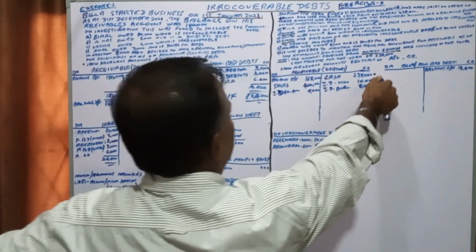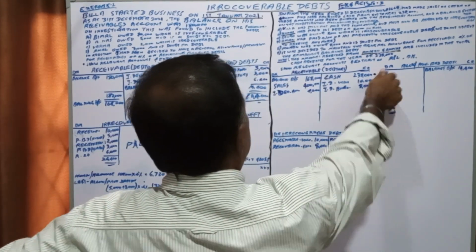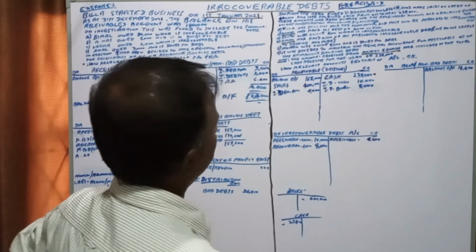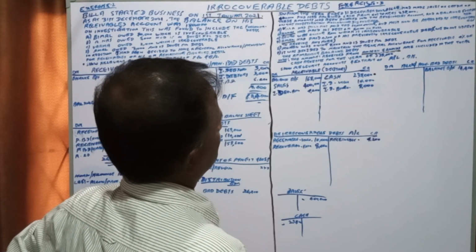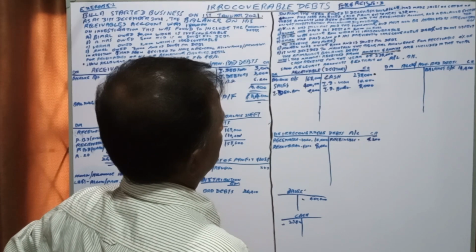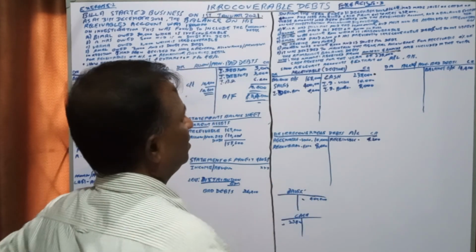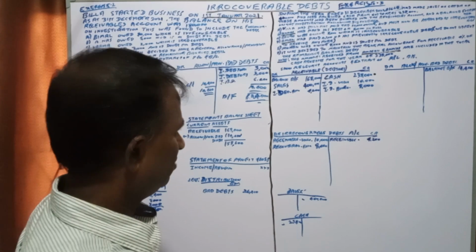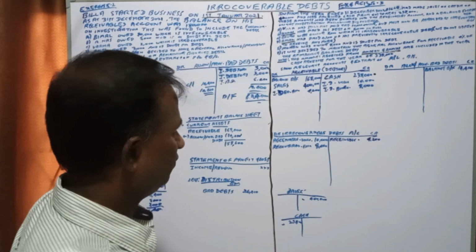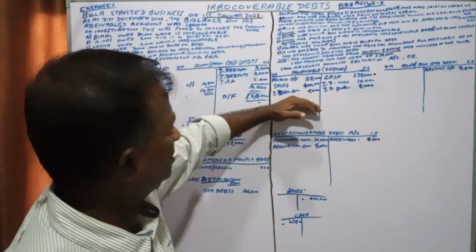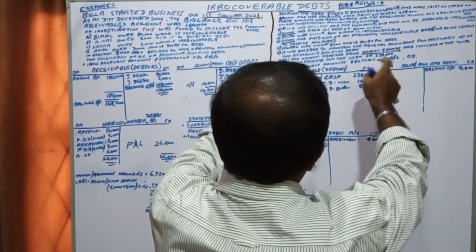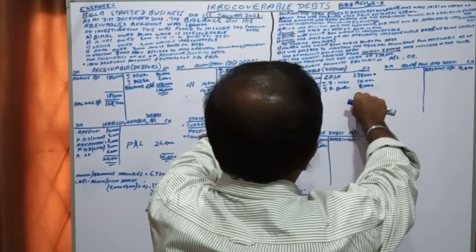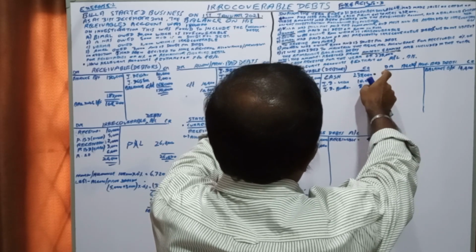So 238 consists of cash received from Anas. He has settled his amount. Cash is involved. Already we have received the cash, in the sense we have credited.